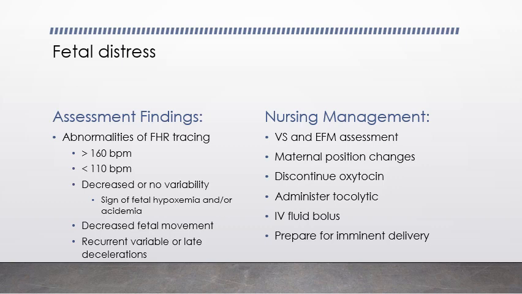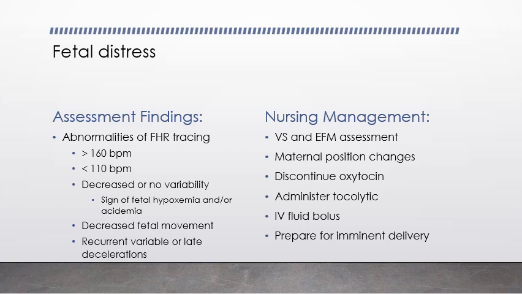So as the nurse, we'd want to continue to do vital sign monitoring, both of the mom and electronic fetal monitoring of the fetus. We should be trying maternal position changes to either float the cord off of the presenting part, to make sure that we alleviate the cord compression, or to try to increase the perfusion of the uterus and the placenta.